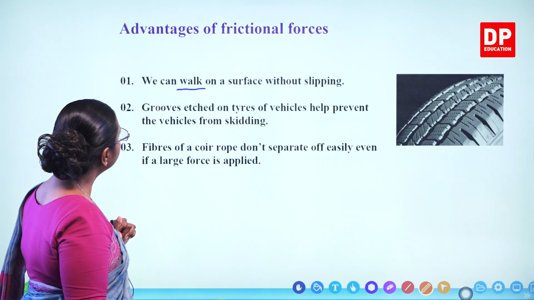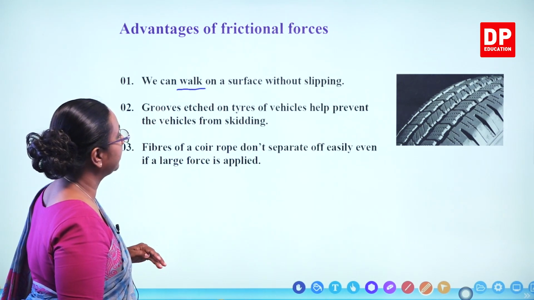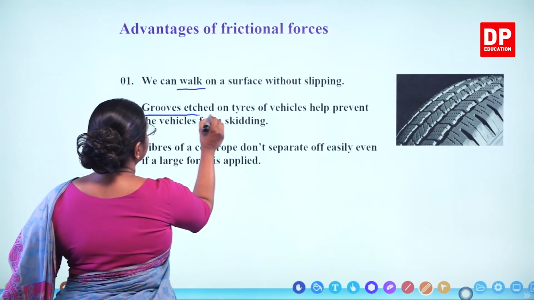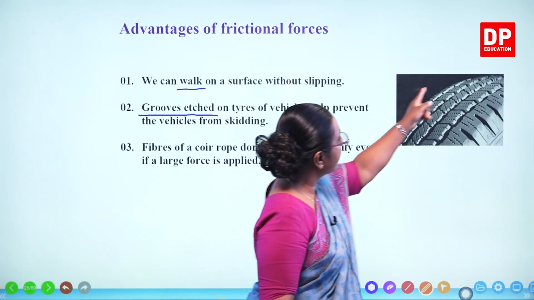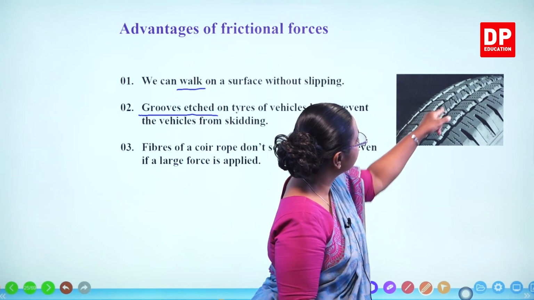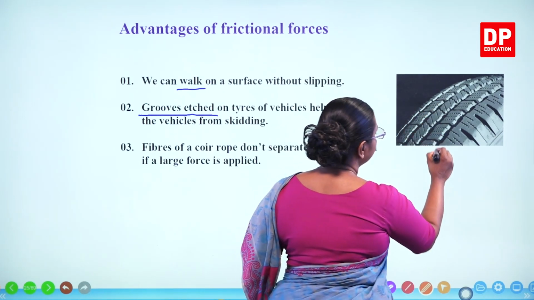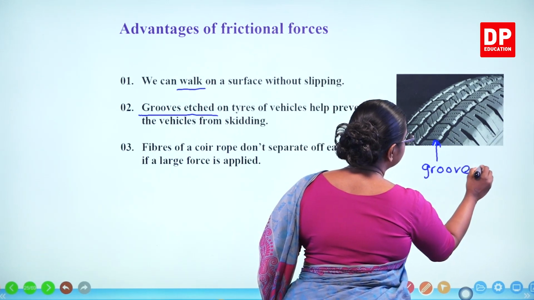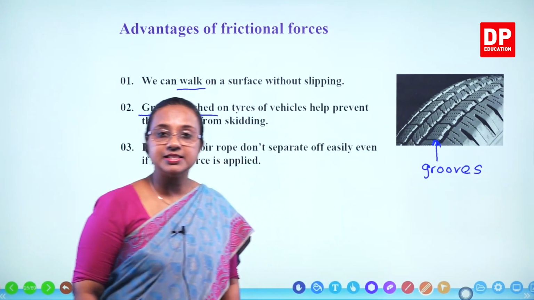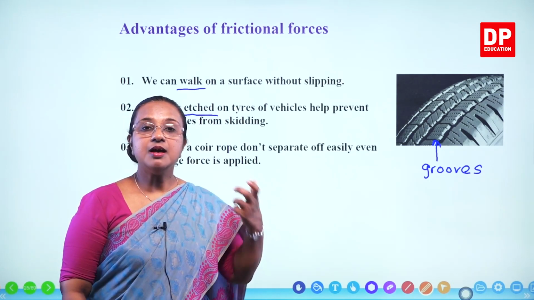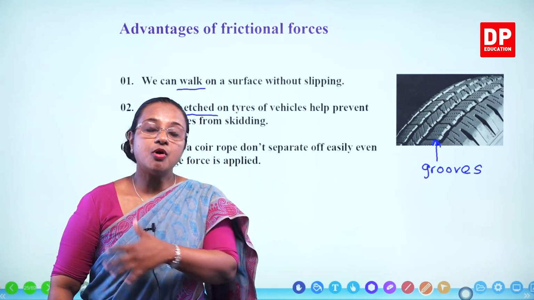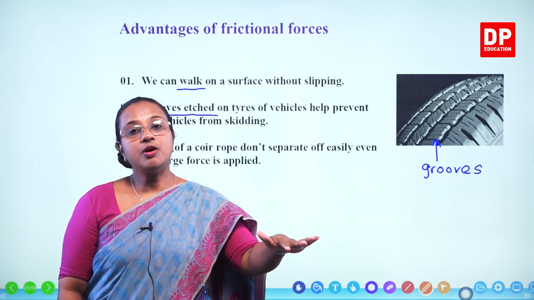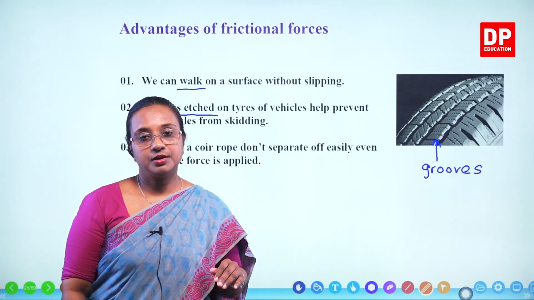Second one, grooves etched on tires of vehicles help prevent the vehicles from skidding. Here you can see these markings that are known as grooves. These are there on the surface of vehicle tires, mainly to allow water to flow through them when the vehicle is moving on a wet road.